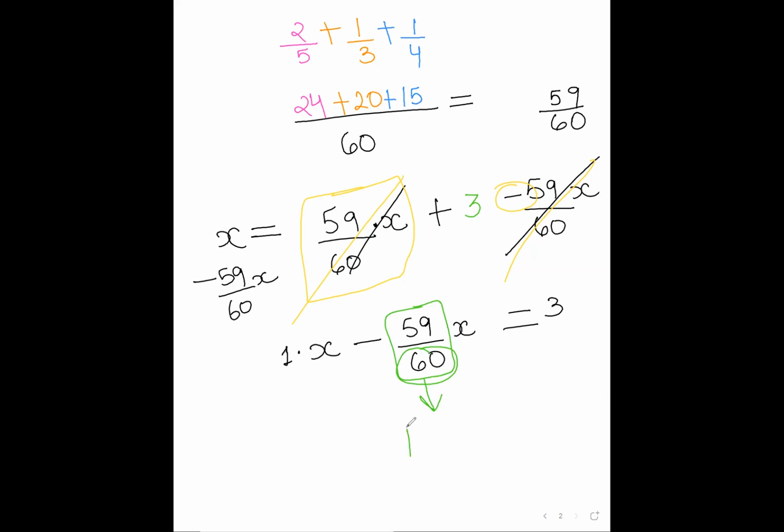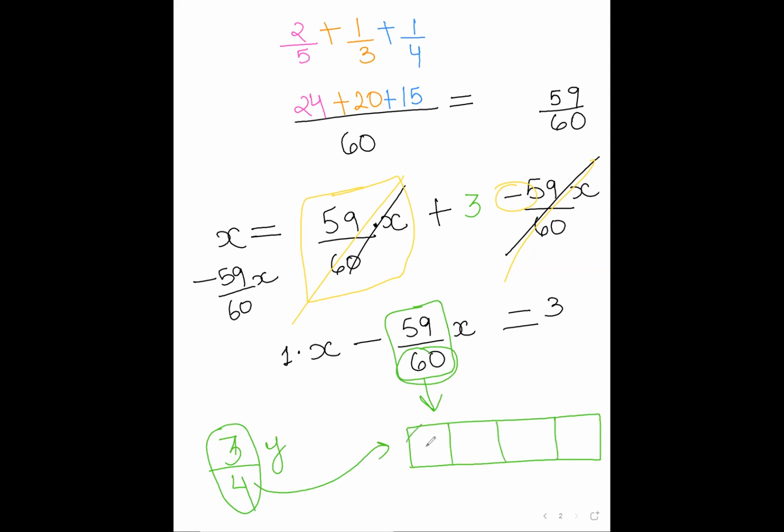If, for example, I have 3 by 4, then whenever I look at it, what this tells me is that the quantity is not complete.